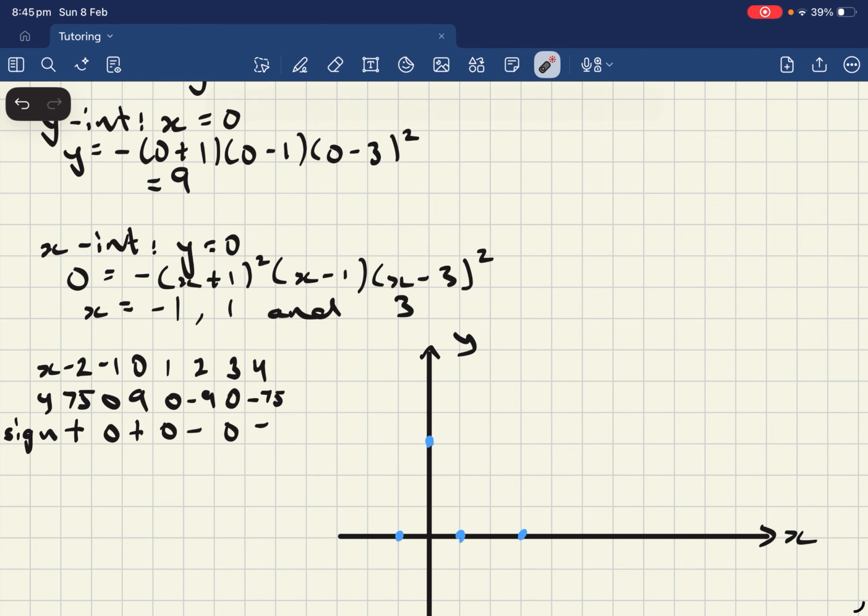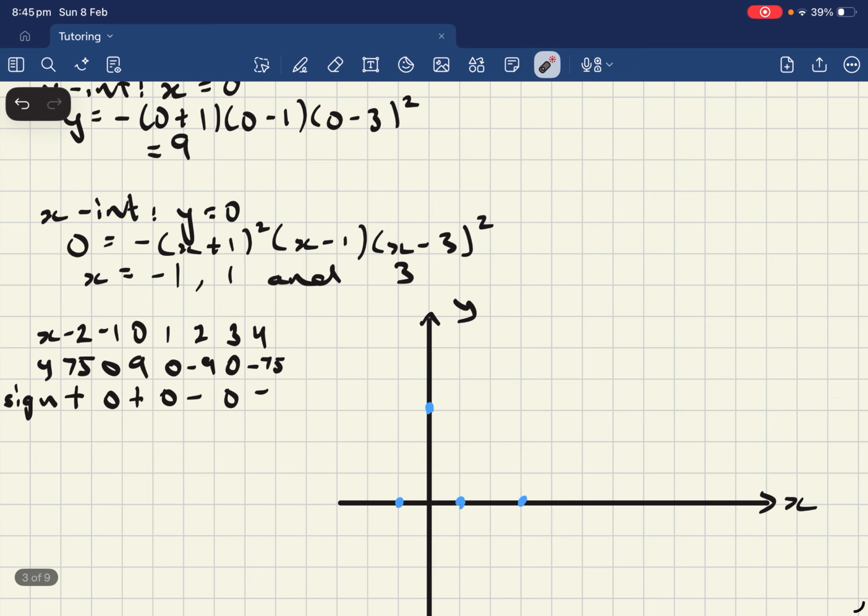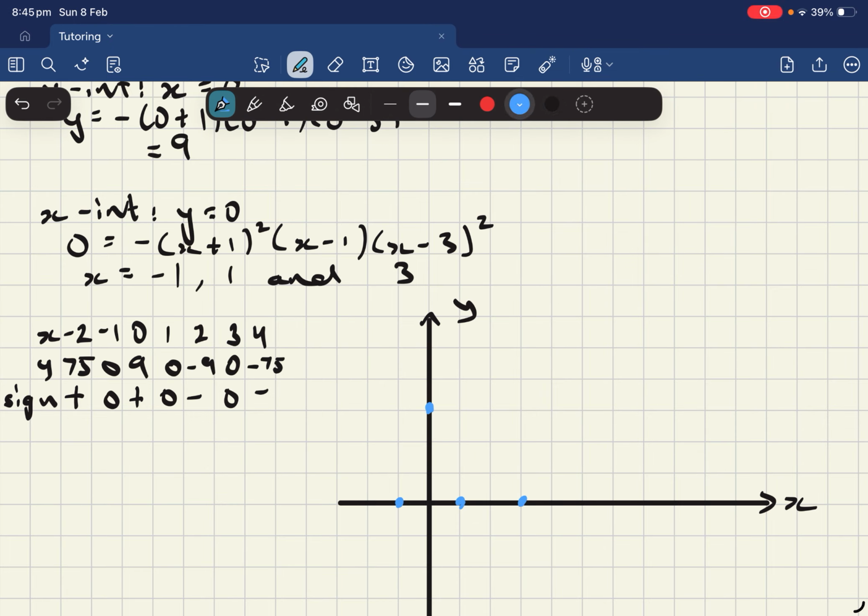So this thing here maps out how our function kind of behaves and where it is in relation to these intercepts. Is it going to be above the x-axis or below? So we have here that it's going to start really high when x is negative 2. It's going to touch our intercept, but then the sign is going to be positive again. So it's going to start up here.